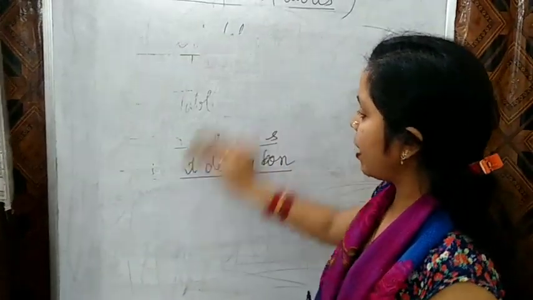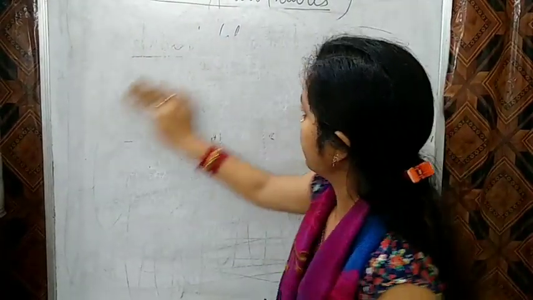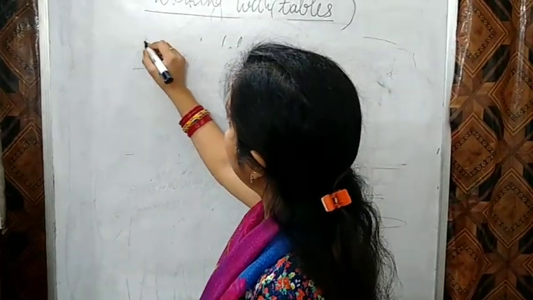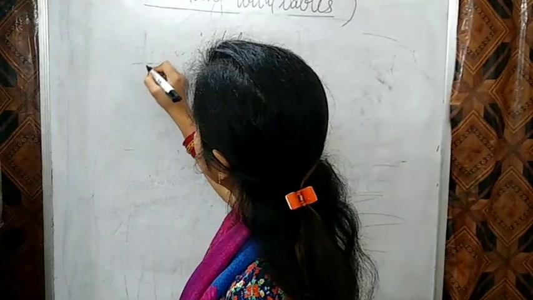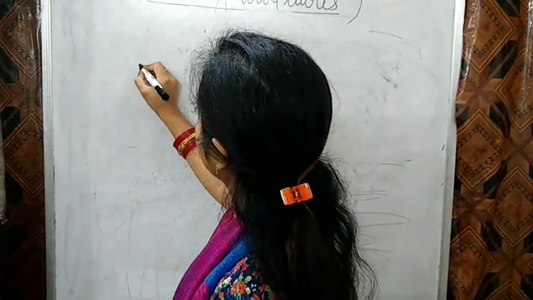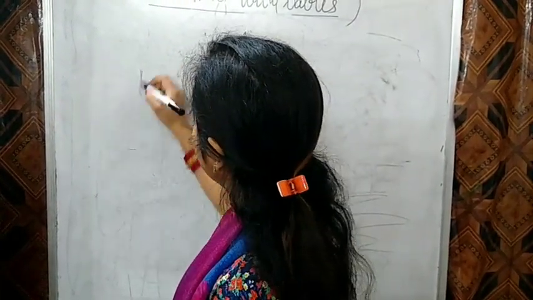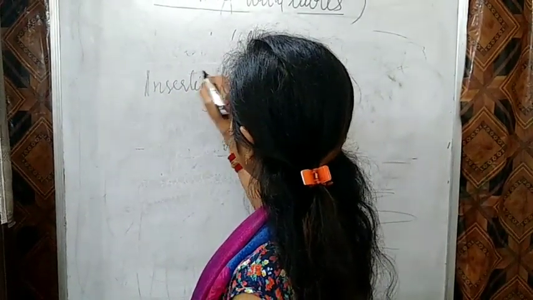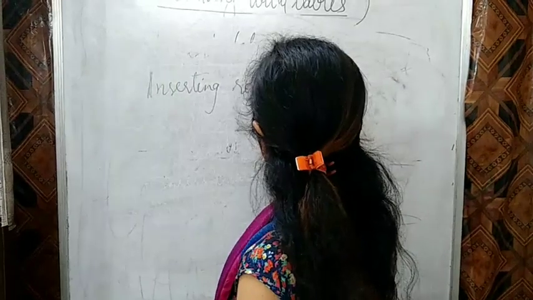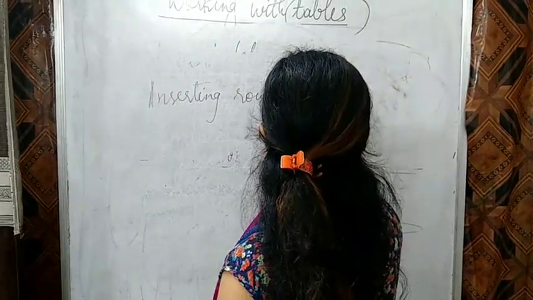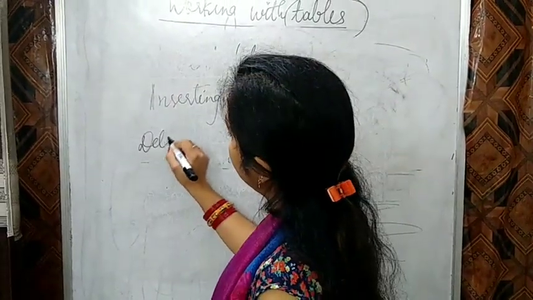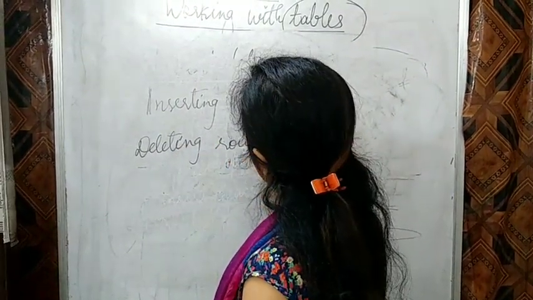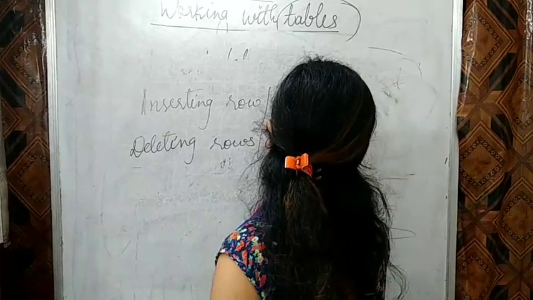Now the next topic I am going to explain, which is given in your book, is inserting rows or columns in a table and deleting rows and columns in a table.